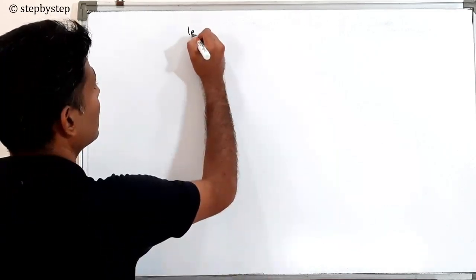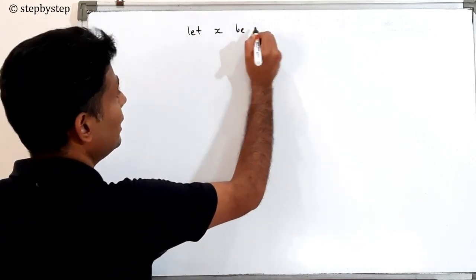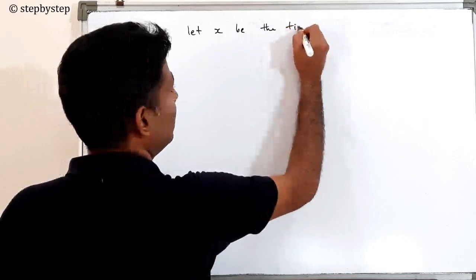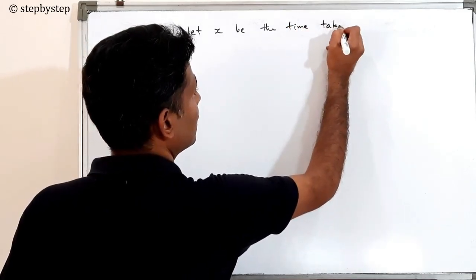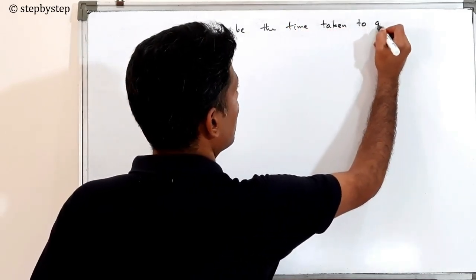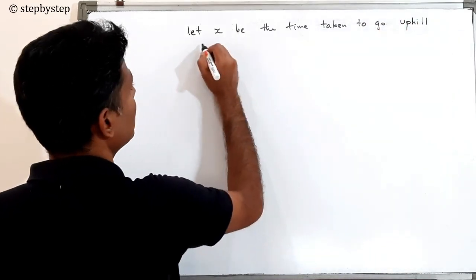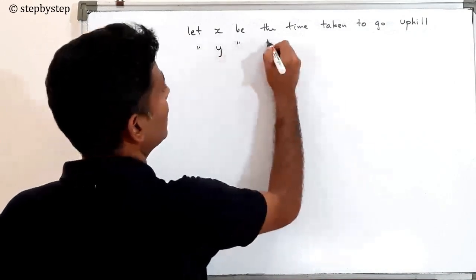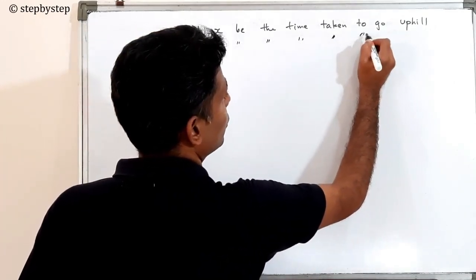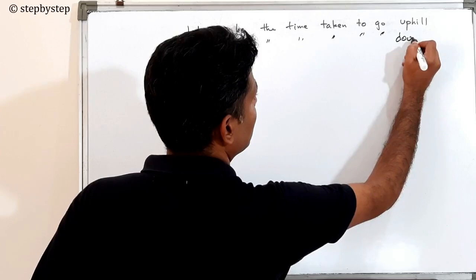So let X be the time taken to go uphill, and let Y be the time taken to go downhill.